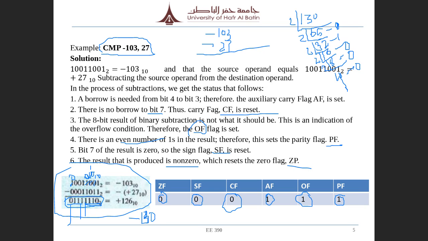Then divided by 2, remainder 0. Then 1, remainder 0, and then 2, remainder is 1.